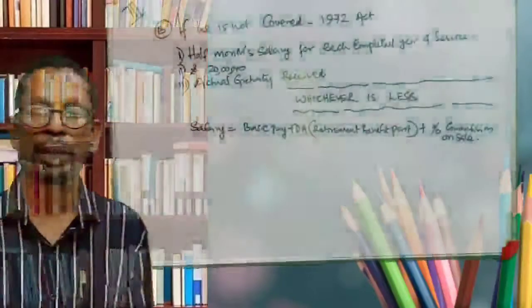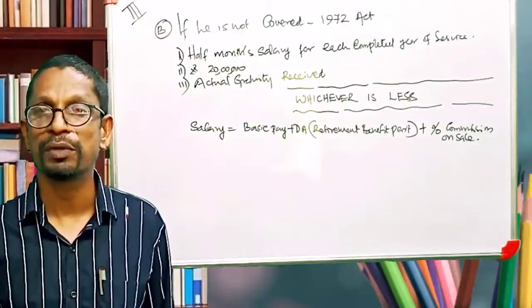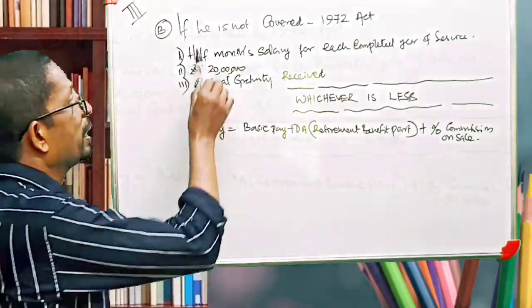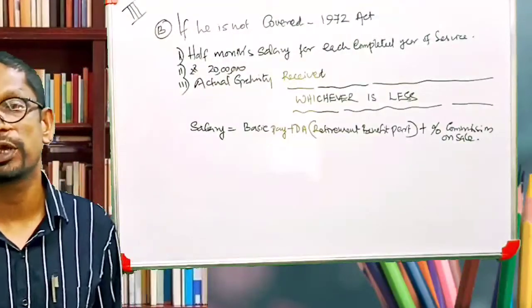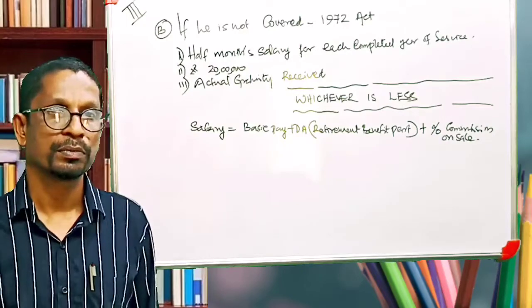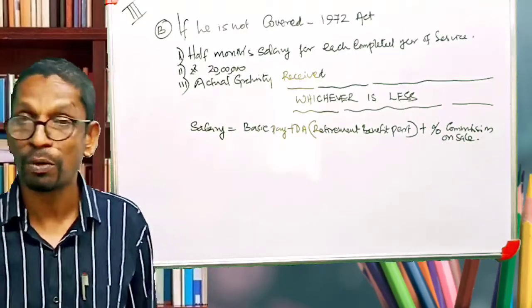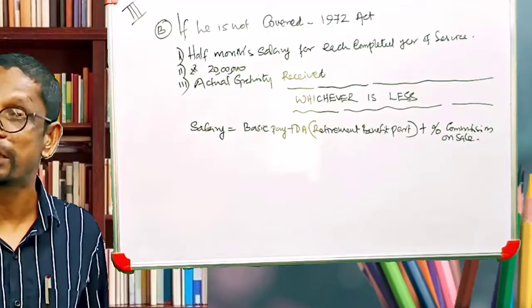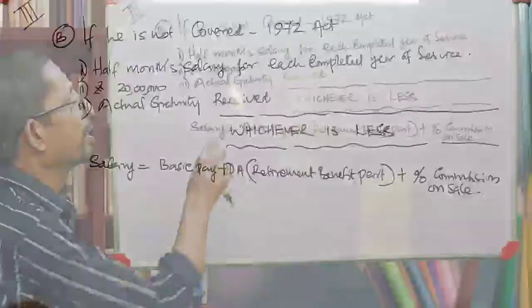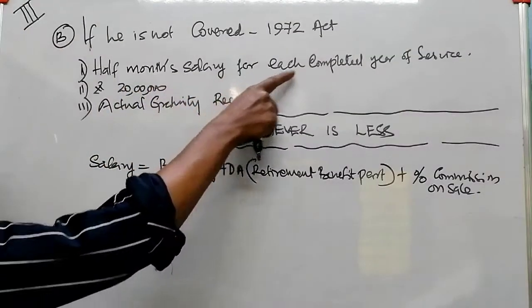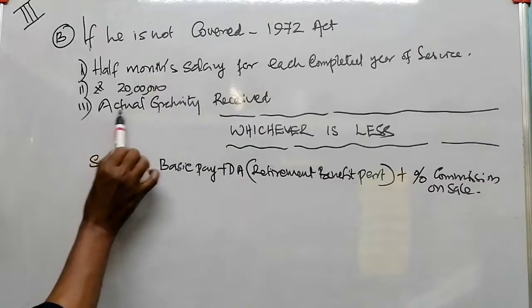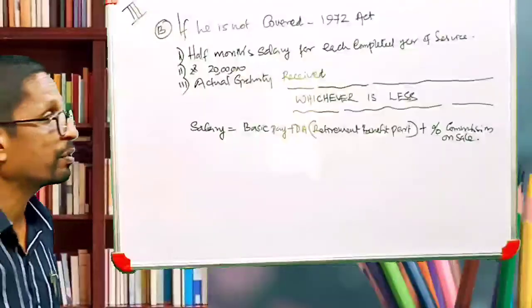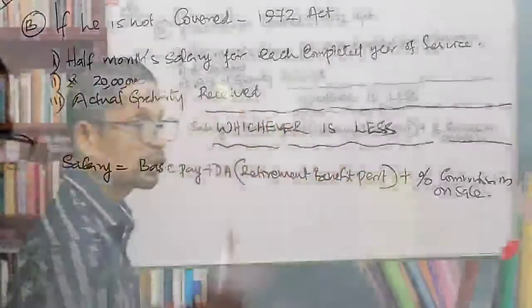Okay, now we are discussing the second option given in the question. That means if he is not covered under the Payment of Gratuity Act 1972. In this case also, first of all, please write down the three conditions mentioned in the Act. Half month salary for each completed year of service, rupees 20 lakh, and actual gratuity received, whichever is less.